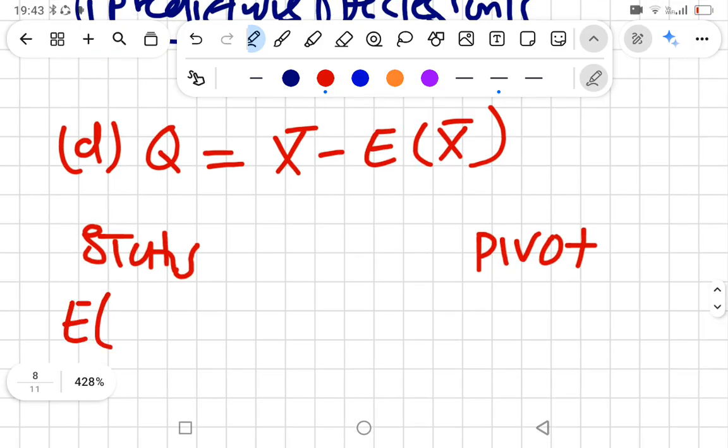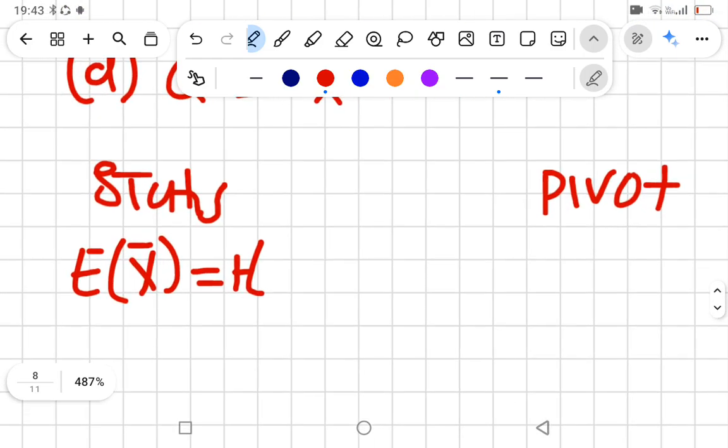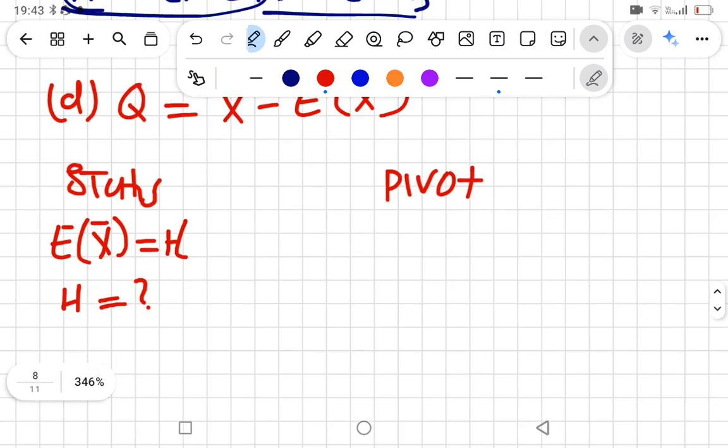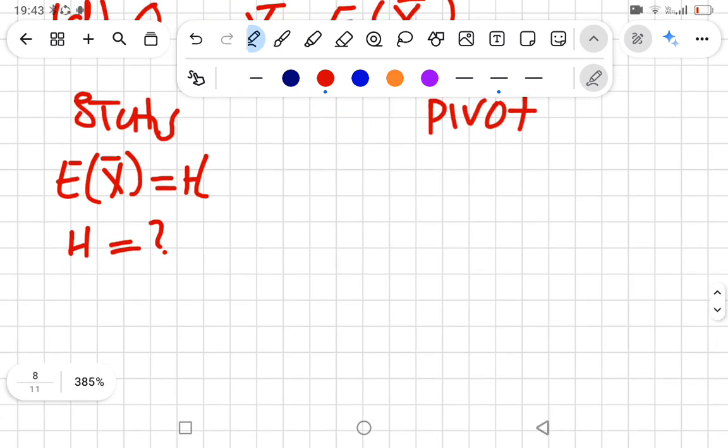We know that E x bar is going to be equal to mu, and we don't know the value of the mean, right? So this is not a statistic.